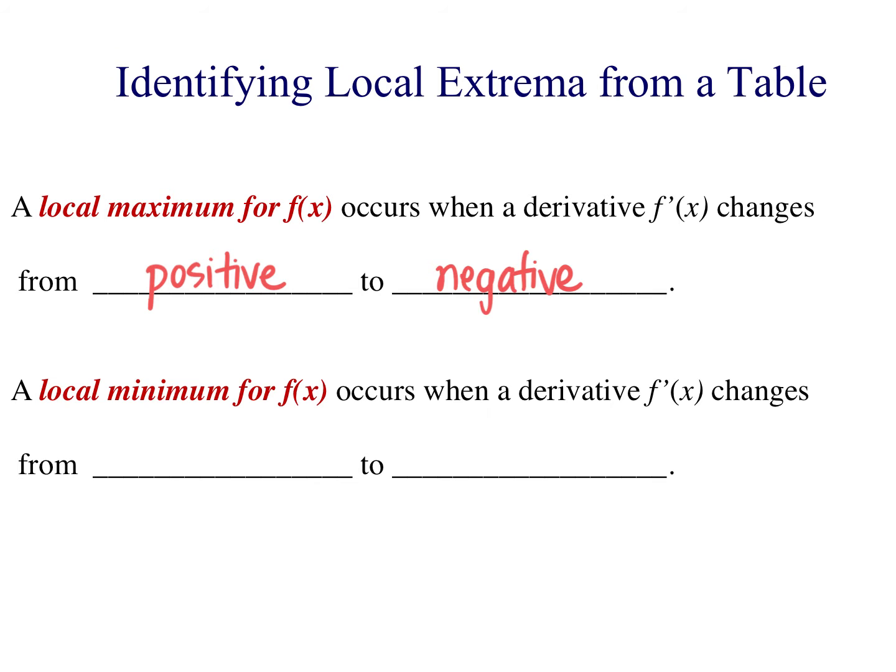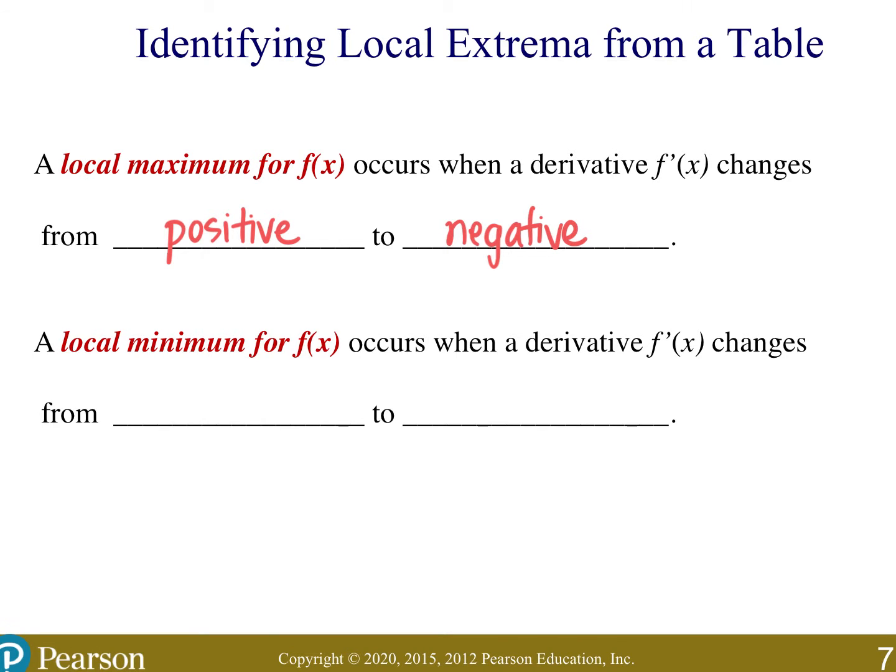I'll say, find me a max and why, and the "and why" part is the why. You say, because I saw the derivative change from positive to negative. And a local minimum does the reverse. So a local minimum is when the derivative changes from negative to positive.